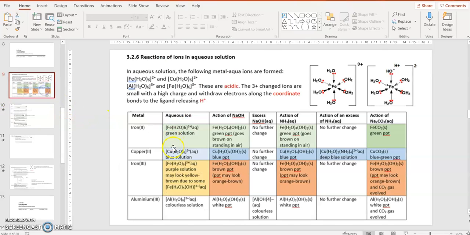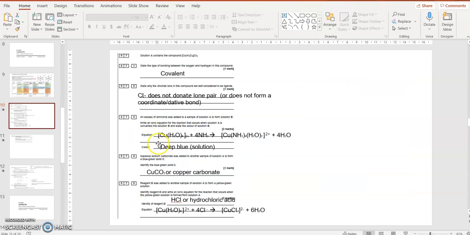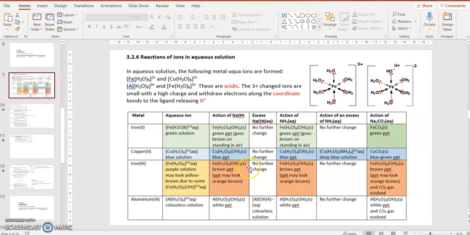So you could jump from the Cu(H2O)6 2+ straight through to that Cu(H2O)2(NH3)4 2+. It's a deep blue solution.